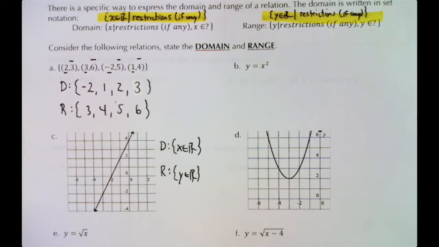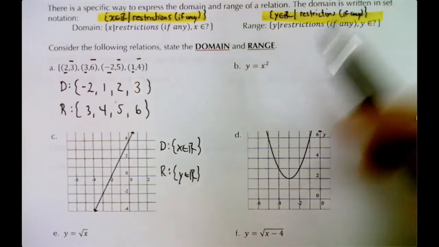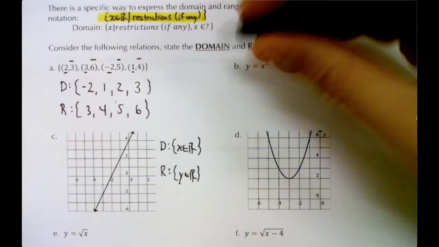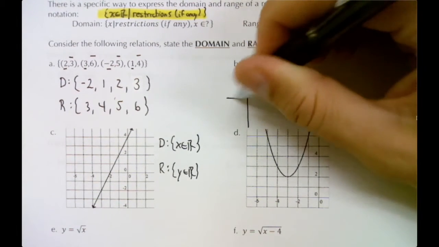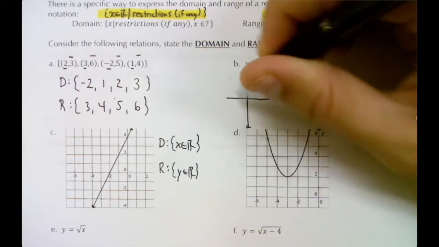Now another way we can be given a function or relationship is an equation. So in B, we're given the equation y = x². Now, that's one of the parent functions that we explored in grade 11, so if you remember the domain and range, great. If you don't, you have to remember what y = x² looks like and sketch a picture. So what's y = x²?